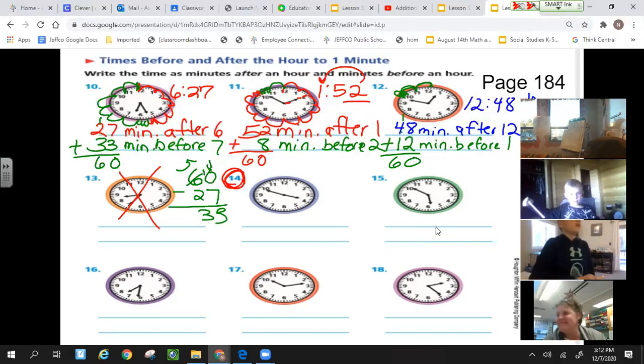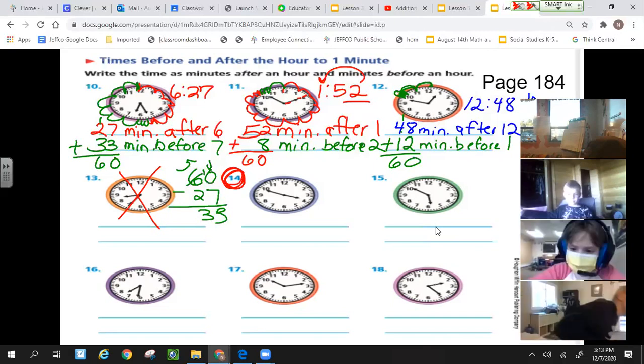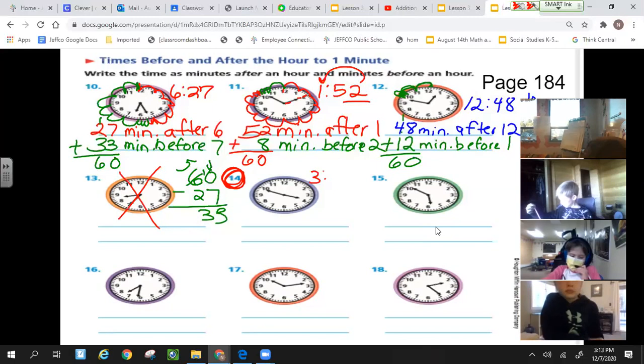Okay, Lila, let's look at number 14. Okay, so the time on number 14 is 3:49. And how you do that is you look at where the 10 is, which means 50. And it looks like it counted back 1, and then I made sure it was because I used my pencil to drag to the minute.